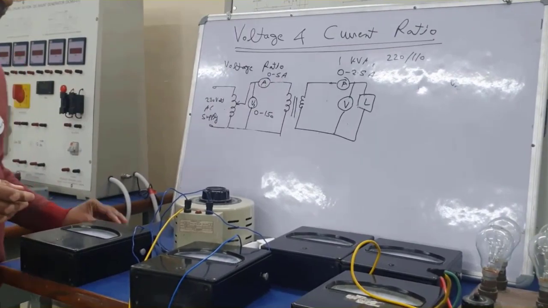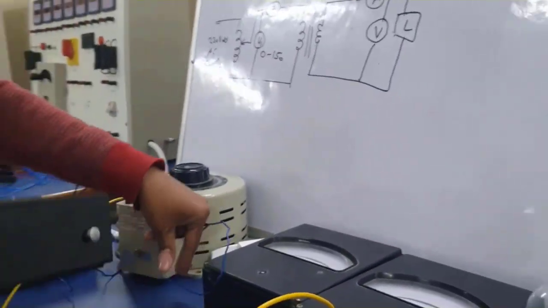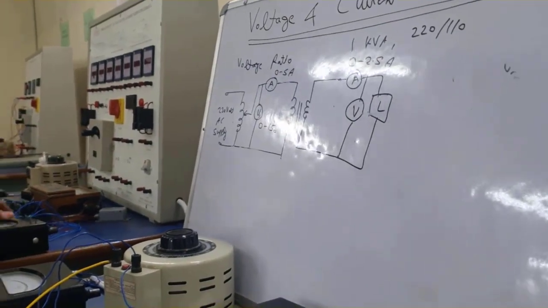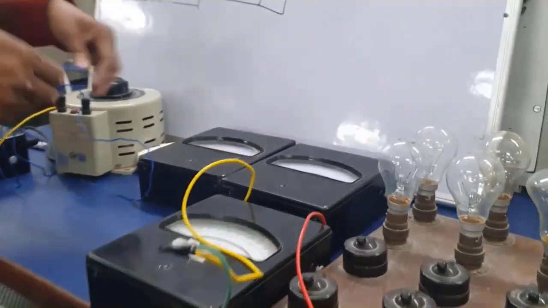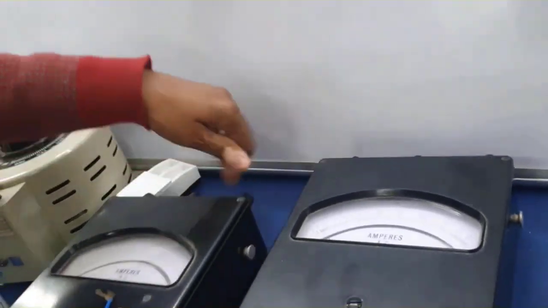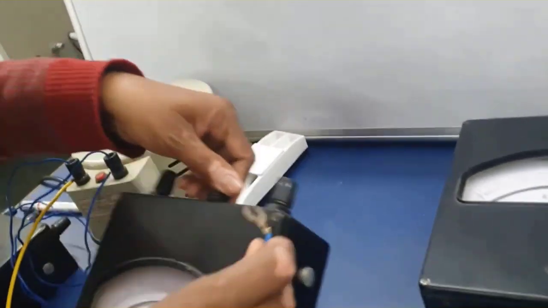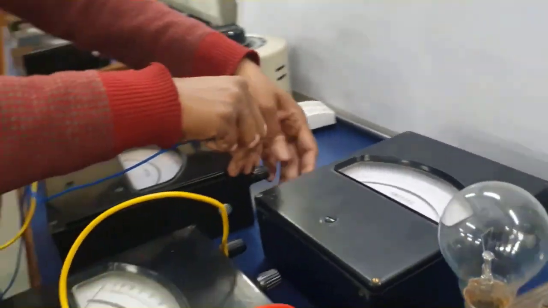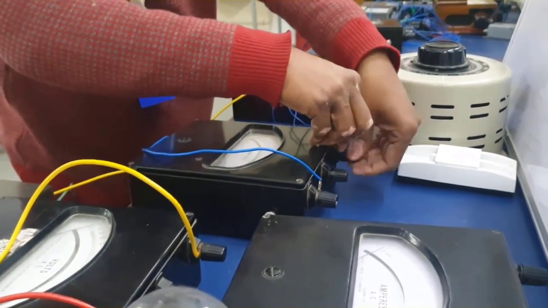So we connect an ammeter here; remove the lower range ammeter and connect a high range 0 to 5 ampere. It's the 5 ampere terminal, and it's a common terminal. So the primary is completed.